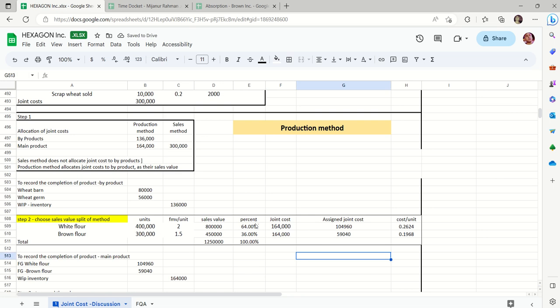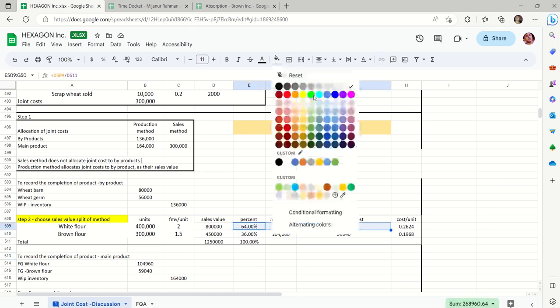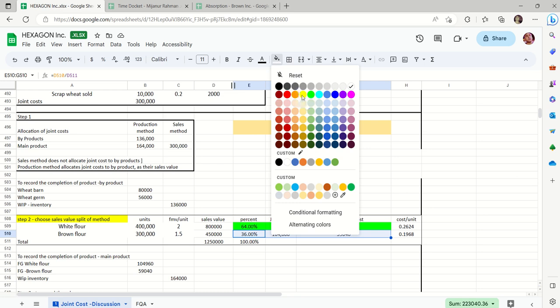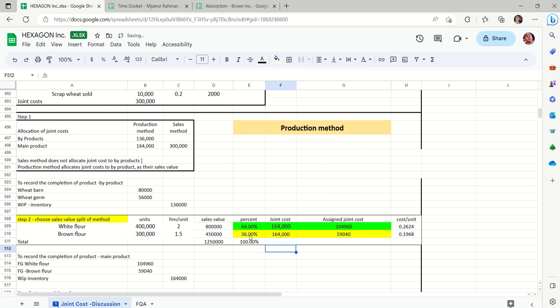Once it is pasted, we just simply take 64% of $164,000. That is $104,960. The same way we go down to the row below, highlighted in yellow.